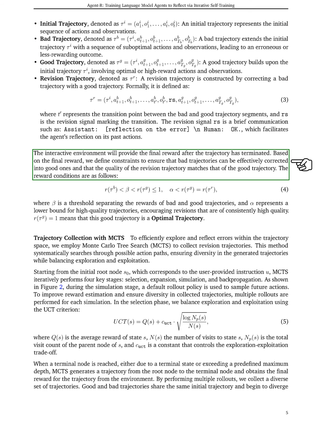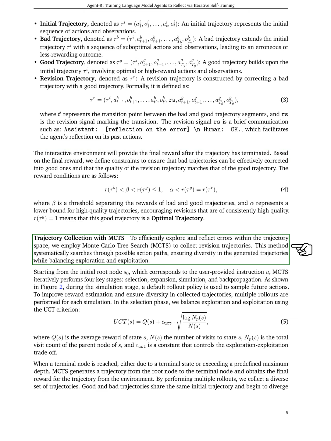Revision trajectory, created by correcting a bad trajectory with a good one, marked by a transition point and a brief reflection signal that prompts the agent to consider its past actions. The final reward from the environment helps us set constraints to ensure bad trajectories can be effectively improved into good ones, maintaining high quality in the revision trajectories.